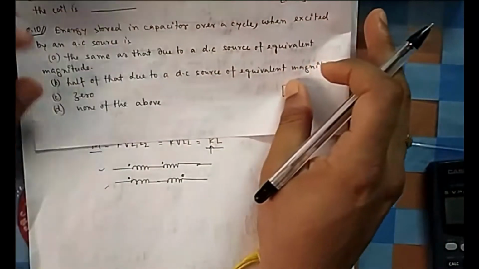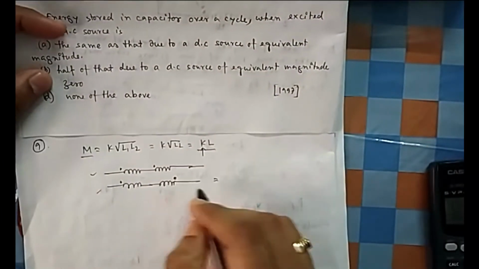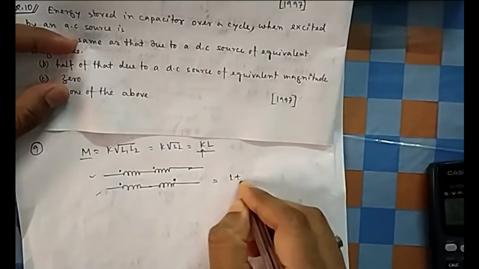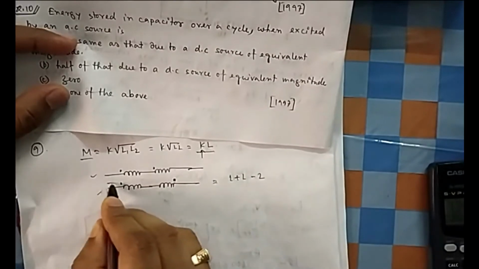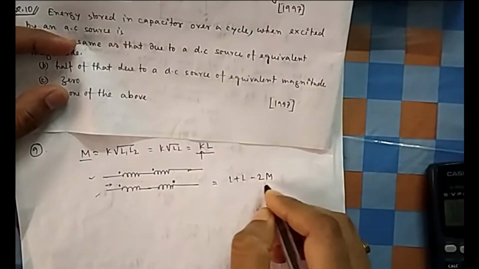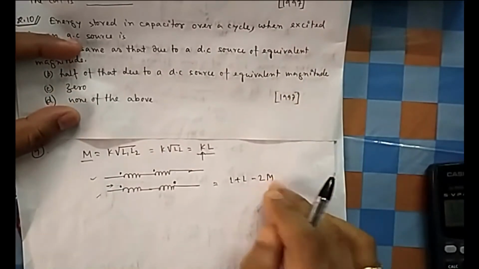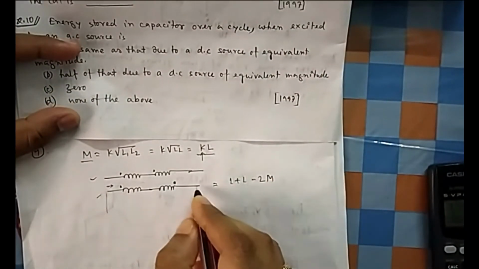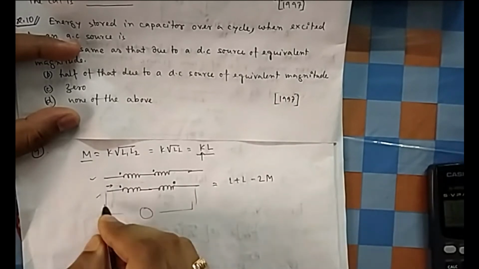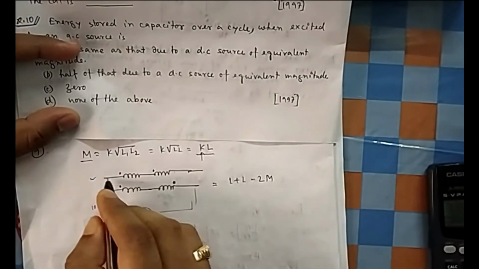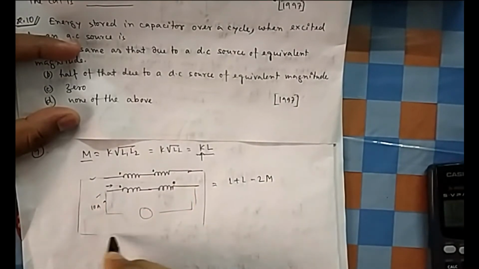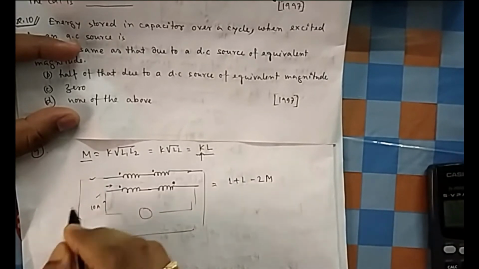Where the inductance is less, where the impedance is less, the current will be more. So 10 ampere current, obviously where the inductance is less, here in this case it will be L plus L minus 2M, because if I go from this side, current is entering and here it is leaving, so minus 2M. So this case is less, so here it will get 10 ampere. And if you connect that one across the same source, then you will get 8 ampere.